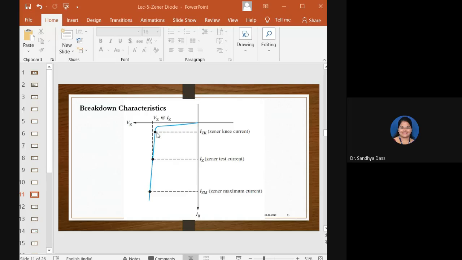From the bottom of the knee, the Zener voltage maintains a constant voltage across its terminals. So if you are going for voltage regulation using a Zener diode, the circuit should be designed so that the current is maintained between two points: IZK, the minimum Zener current, and IZM, the maximum Zener current.